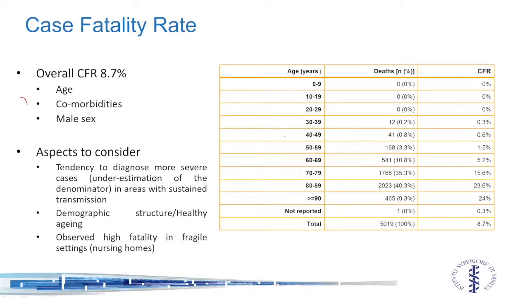This is the case fatality rate, and what you see here is that most of the cases are concentrated between 80 and 89, and if you put all together, the case fatality rate is higher over 80. But of course, there are also deaths concentrated under 80s.